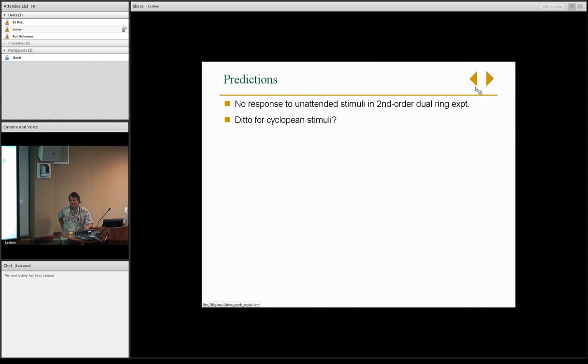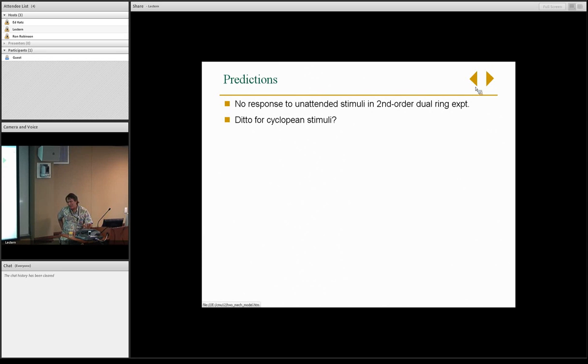Do your experiments have any implications for computer vision systems? Well, I don't know about implications, but the second order motion is kind of an artificial stimulus that's not very natural.